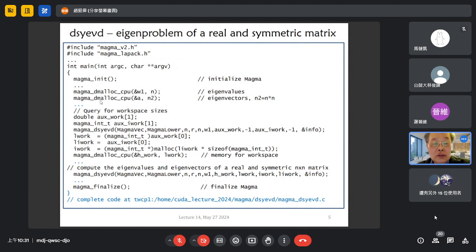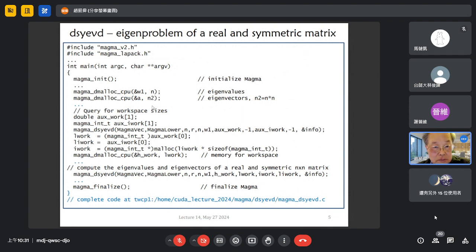So for the eigenvalues, I have n, and the size is n. W1 is an array of size n, if this matrix is n by n, and for the eigenvectors it is n squared.